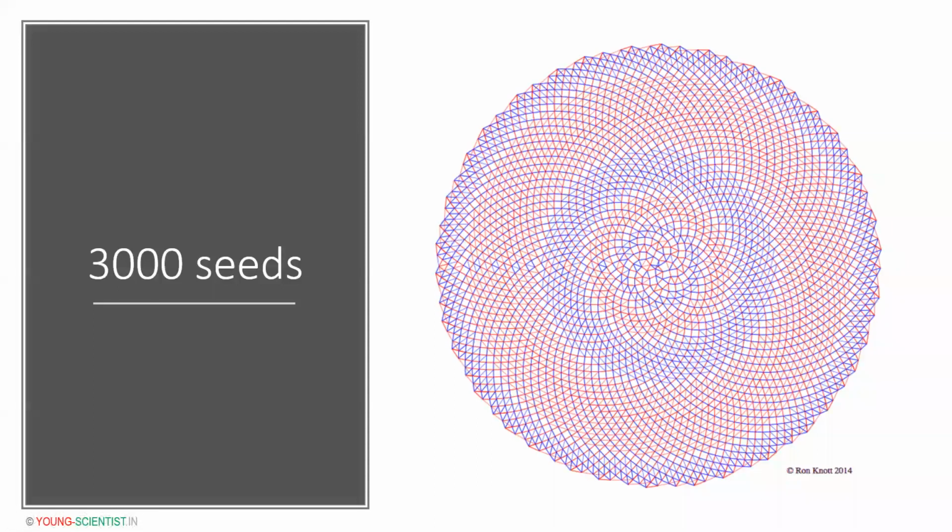Now, with 3,000 seeds, the pattern becomes more complex, but also more pronounced. There seem to be some irregularities in the center, but as you move away from the center, you see these lines, the arms of the spiral, quite distinctly.